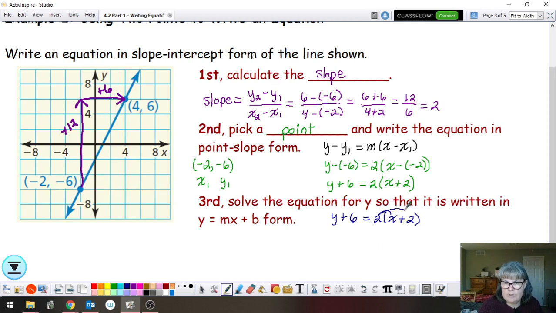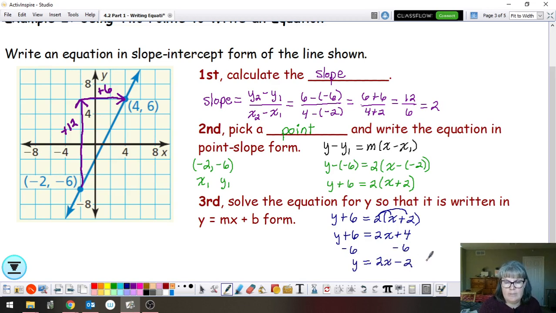So I need to distribute the 2. Y plus 6 equals 2x plus 4. Subtract the 6, and we have y equals 2x minus 2.